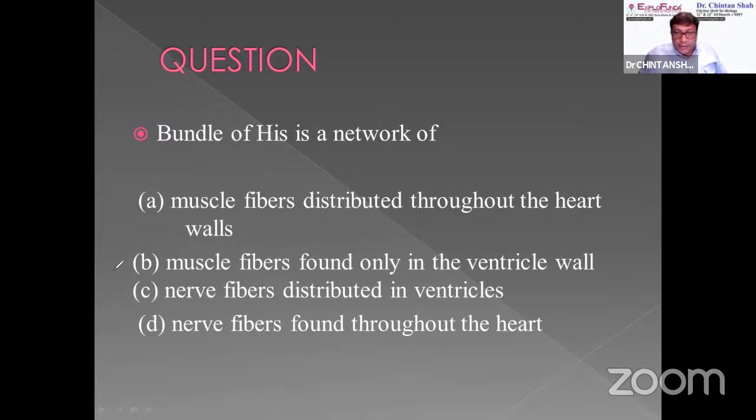Muscle fiber found only in the ventricle wall. Okay, come on, tell me the page number. Then only we will leave it and complete this. We don't want to leave anything in our mind in confusion.